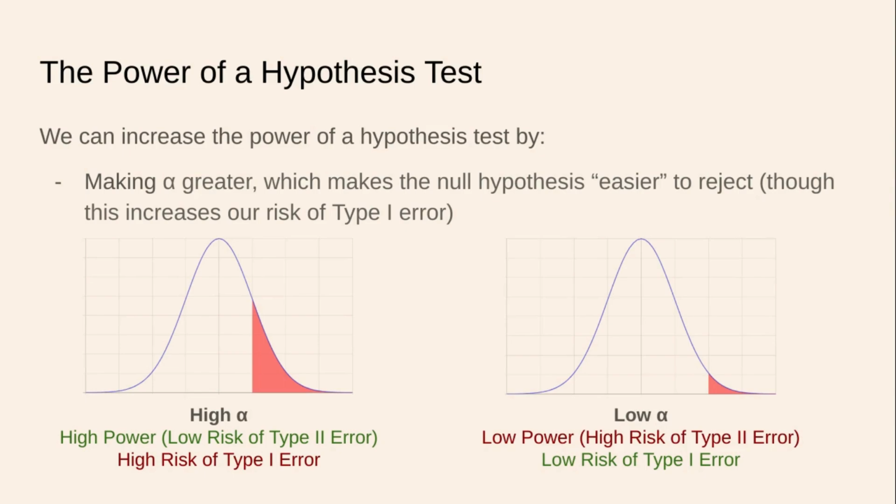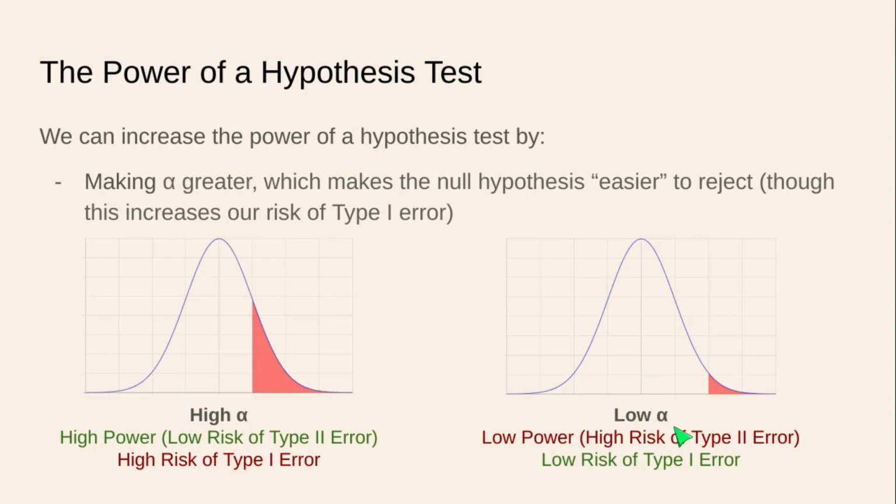That is a high power, low risk of type 2 error, but high risk of type 1 error kind of situation. If our area on this right tail specifically that we're looking at is quite big, we have high power. It's easy to get a p-value that is less than this area, okay? But we do run the risk of type 1 error. If the null hypothesis is in fact true, it's easy to reject it because the area is so big.